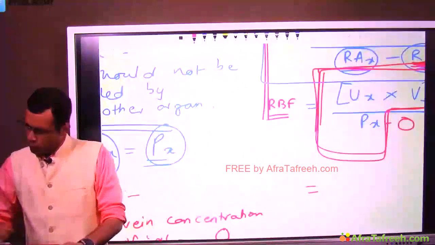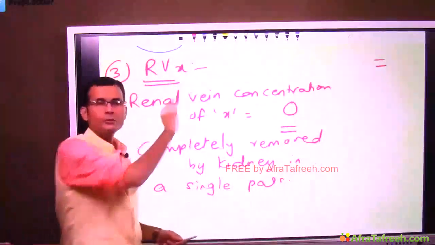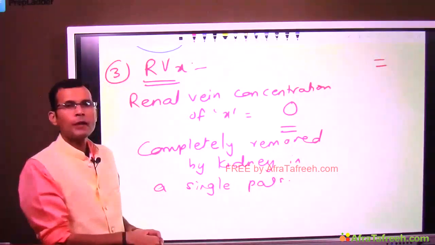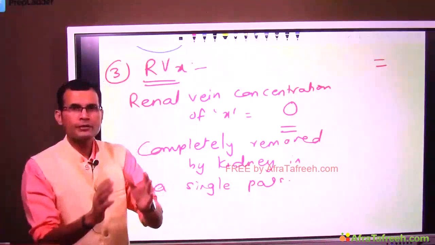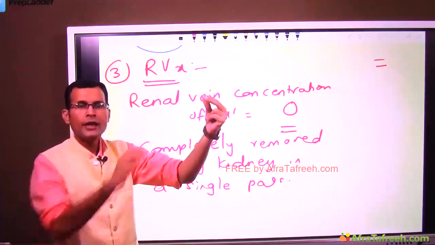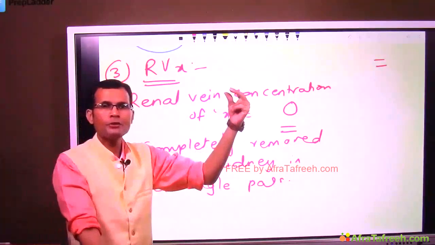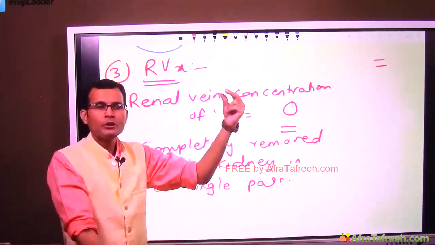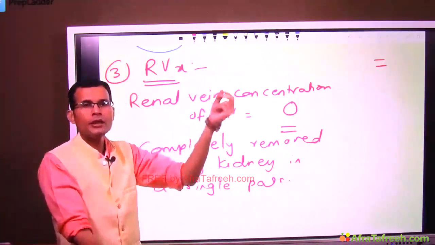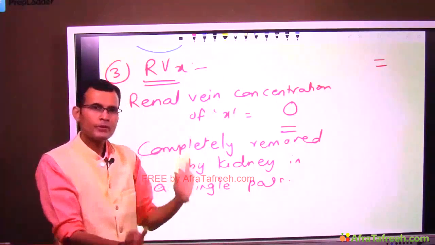Okay, most important criteria is the third one. Even if you forget the first two criteria, third criteria is the most important one. A substance coming into the renal blood, then by filtration and secretion, all of it comes into the urine per unit time. So its urinary excretion rate will give you the renal blood flow rate at the kidney, isn't it?